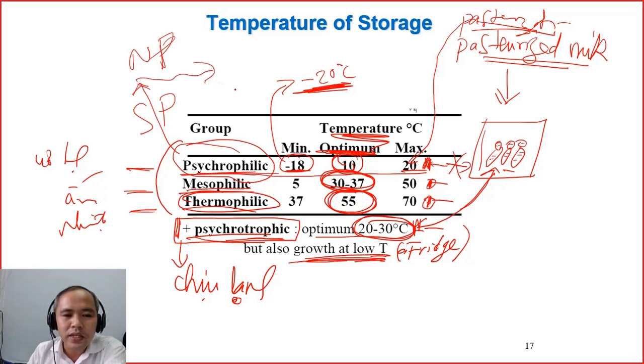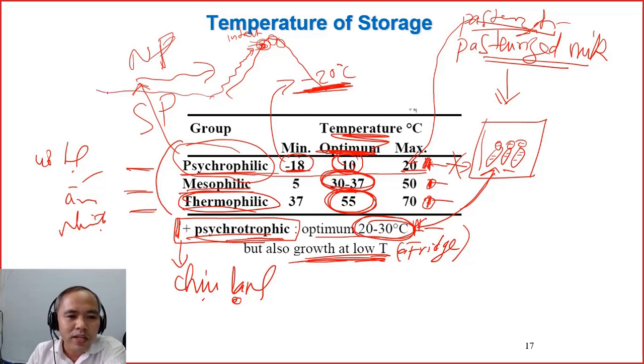Maybe if you go to the North Pole or the South Pole of the Earth, then there could be some psychrophilic bacteria. But in our country, a tropical country, there are not many psychrophilic bacteria actually. Sometimes if you read the news, you know that people climb Mount Everest and they die there. But after 20 years, other people go there and see the intact body because the temperature is too low. Not so many microorganisms can grow and spoil or eat the body, so the body is still intact.